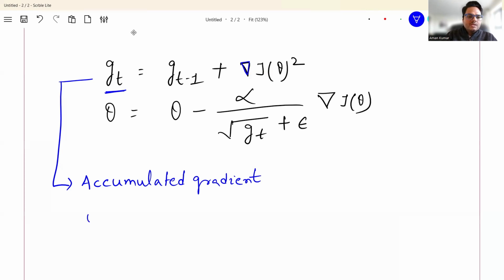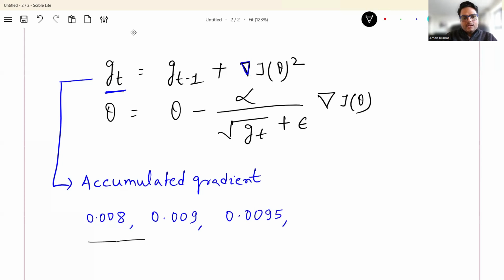Suppose previously g_t was 0.008. Next iteration, g_t could be 0.009. Next iteration, g_t could be 0.0095. So in every iteration, my accumulated gradient value will keep increasing.